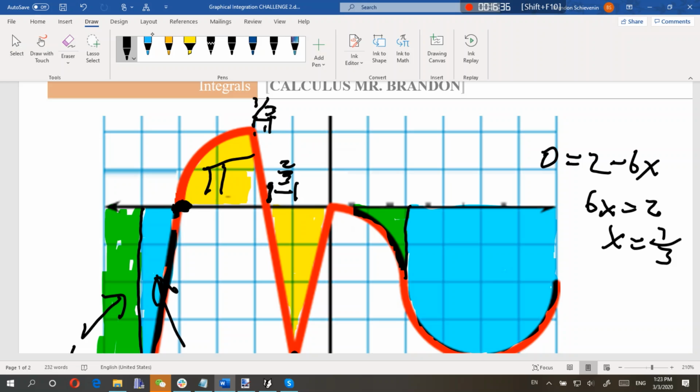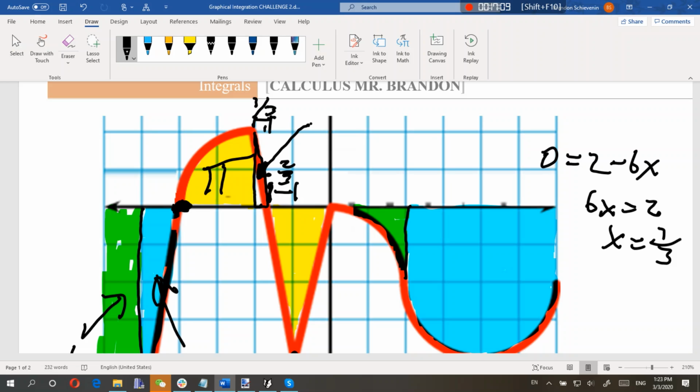In that case, what would the area of this really small triangle here be in white? Okay, what's my base? My base is 1/3.